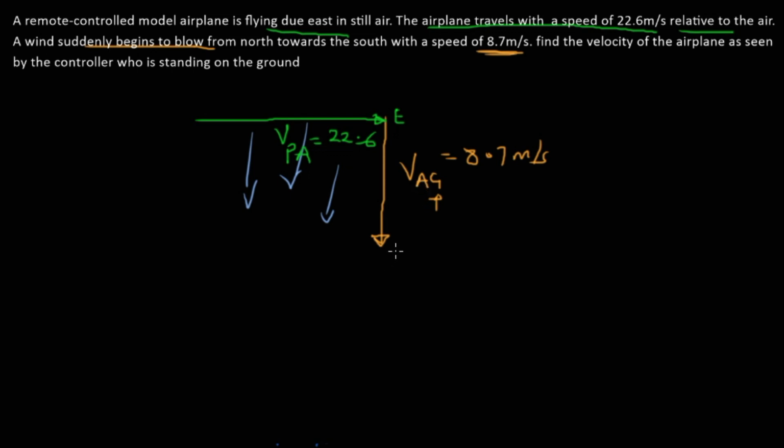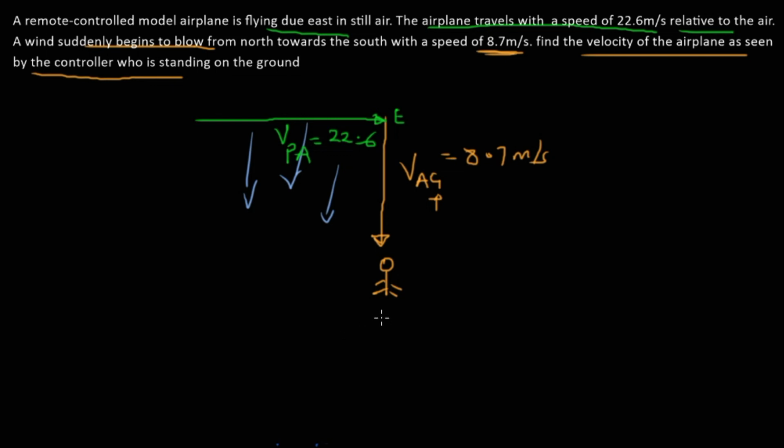Now, find the velocity of the airplane as seen by the controller who is standing on the ground. If this is the relative velocity of the air to the ground, then the ground should be somewhere here, and the controller should be standing on the ground.